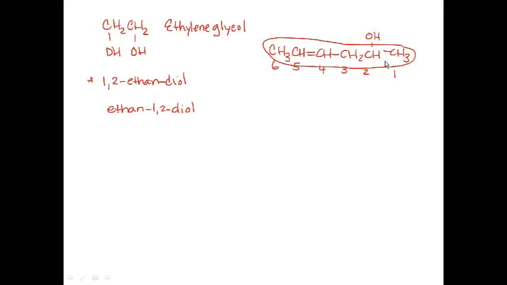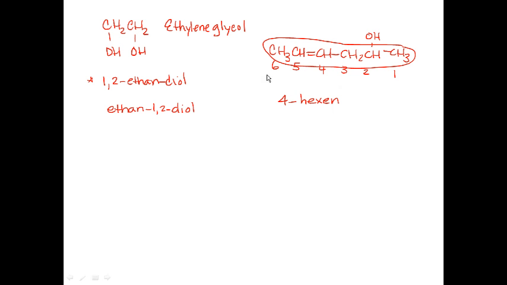In this case, I've only got one substituent, and that's attached to carbon 2. Well, actually, I have no substituents. The OH group is attached to carbon 2. So there's both a new and an old way of naming this. The old system would have been to name this 4-hexene.